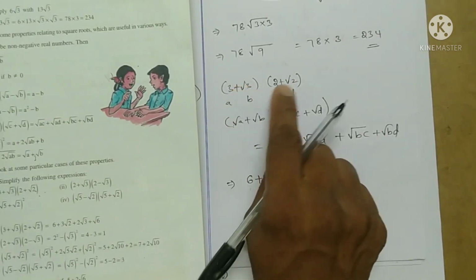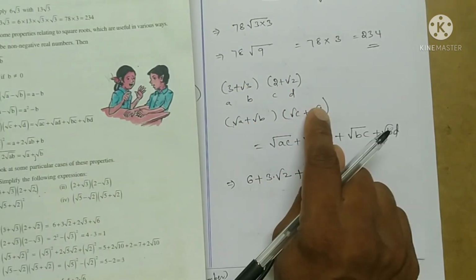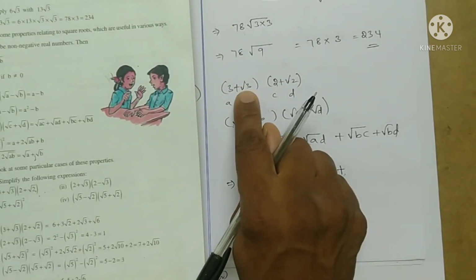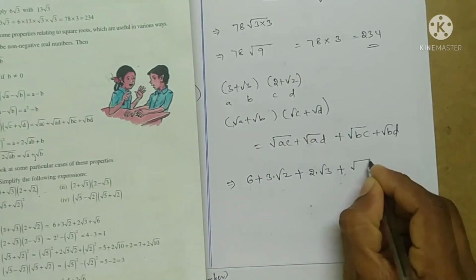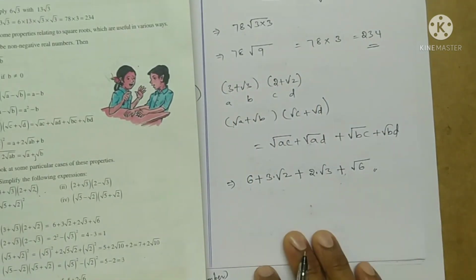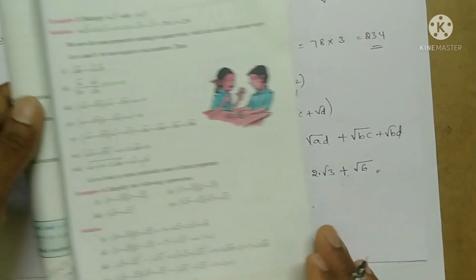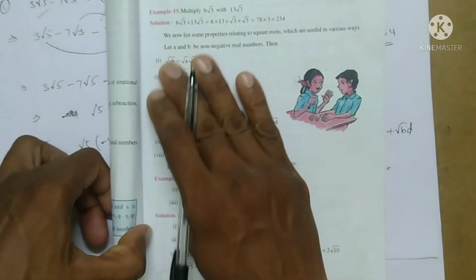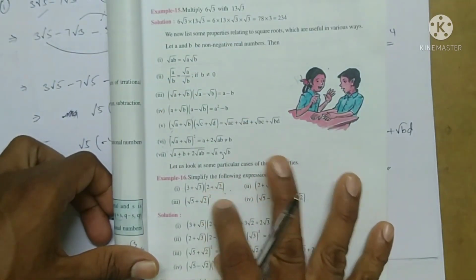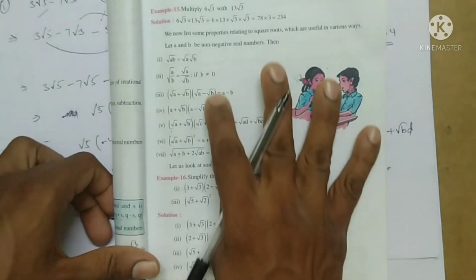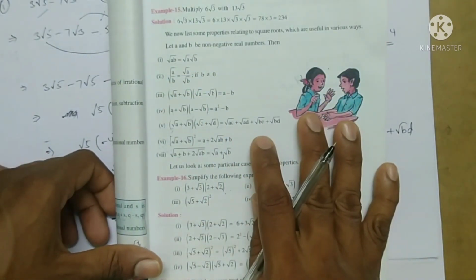Both are irrationals, so under root 3 twos are 6. This is the final result. These 7 fundamental formulas are very useful to solve any irrational combinations. These are the most important formulas.